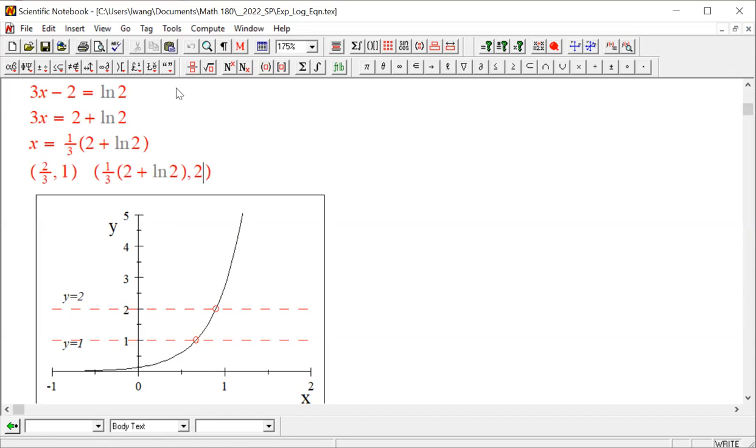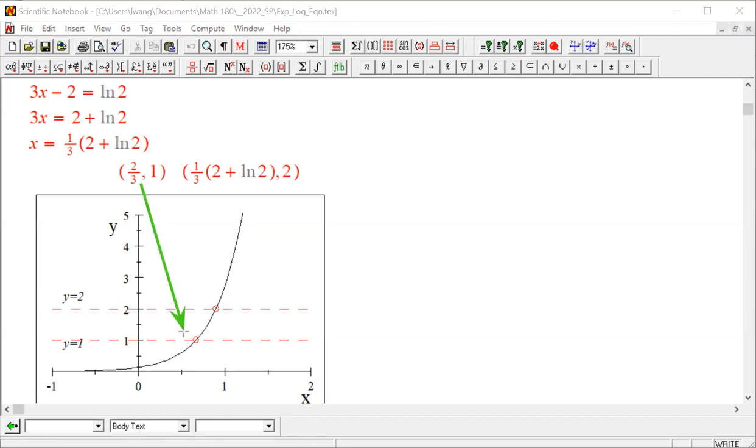The output is 2. So these are the 2 points, and let me mark them for you. This point is right here, and the other point is right here. And this is the input, 2/3, and the other one is the other input. So the input is in between these two.